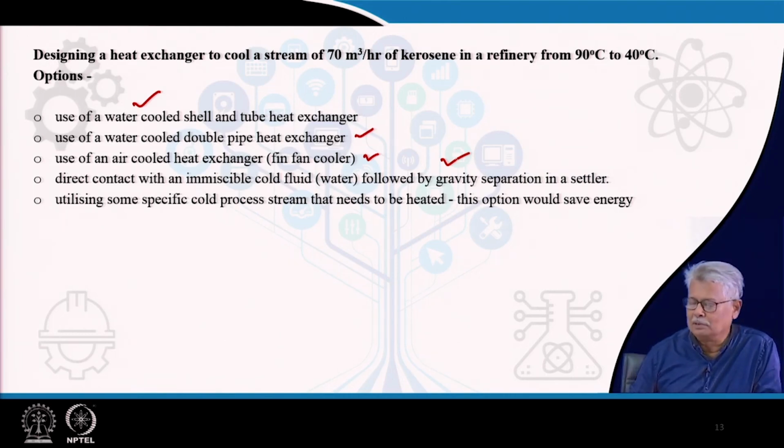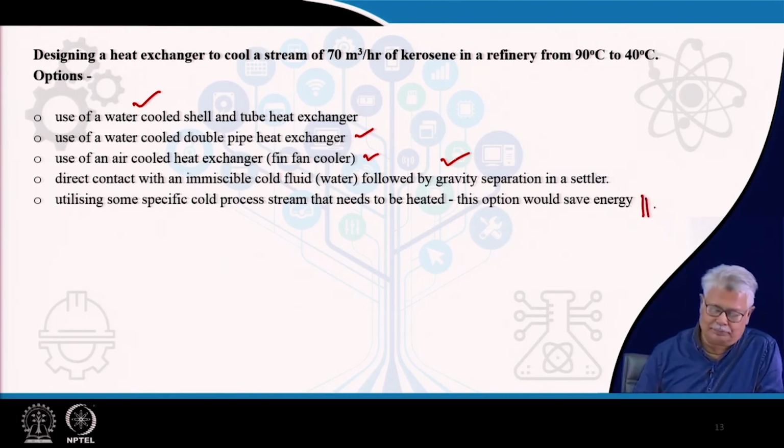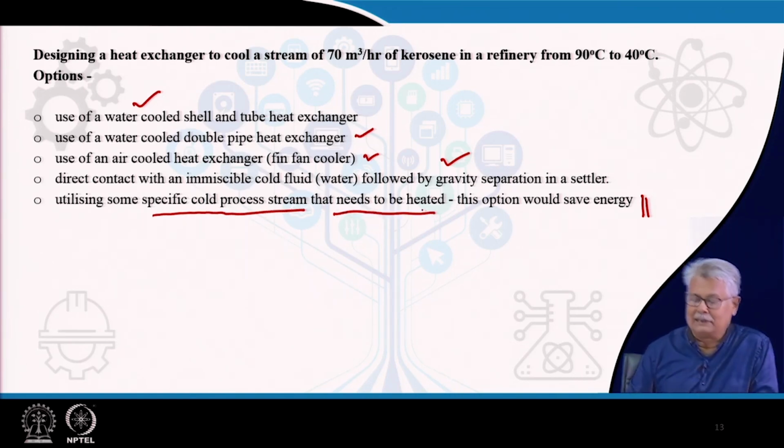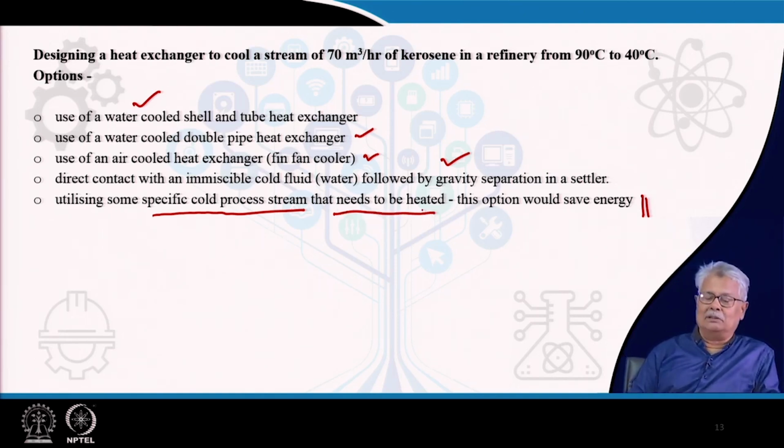It is also possible that my industry has got some cold process stream that needs to be heated, and this heat is picked up by cooling of this 70 meter cube material from 90 to 40 degrees centigrade. It serves two purposes. It serves the functionality of the design that we have been entrusted with.